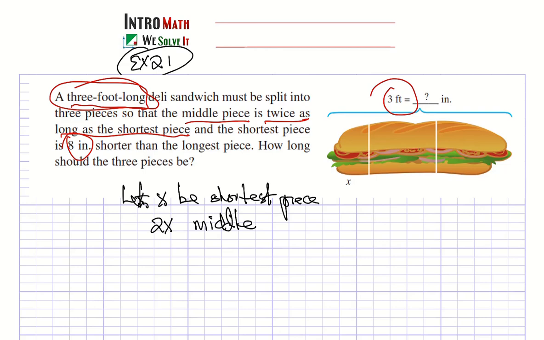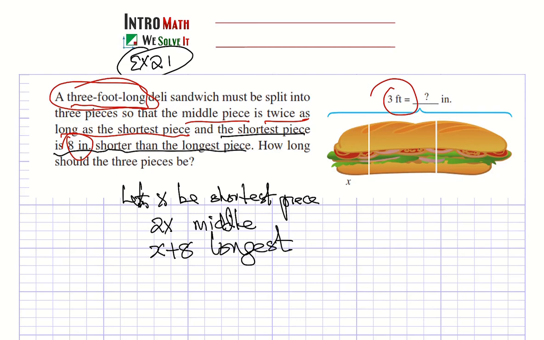And then what is that? The shortest piece compared with the longest piece. You say the shortest piece is 8 inch shorter. So that means the longest piece is 8 inch longer. That's all that means. We saw that in the previous problem, okay? So that means the longest piece is x plus 8.